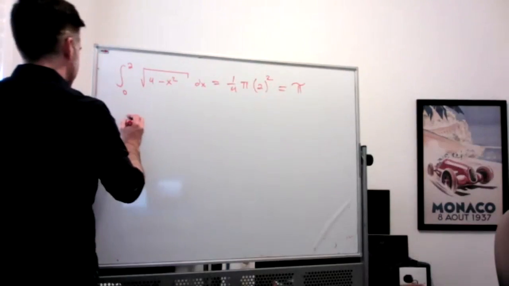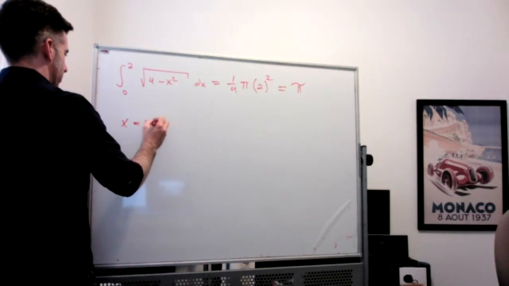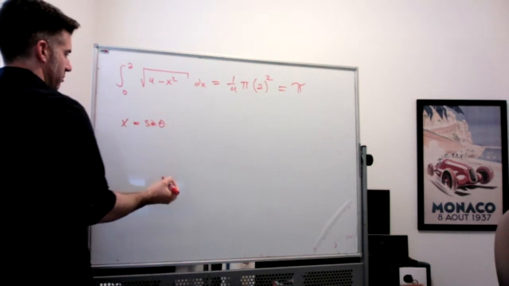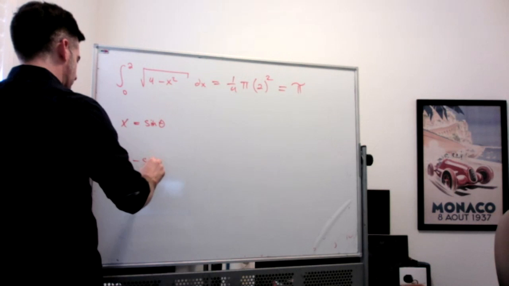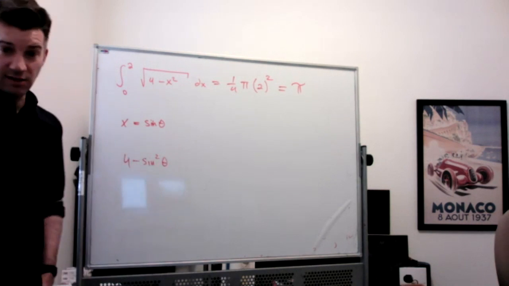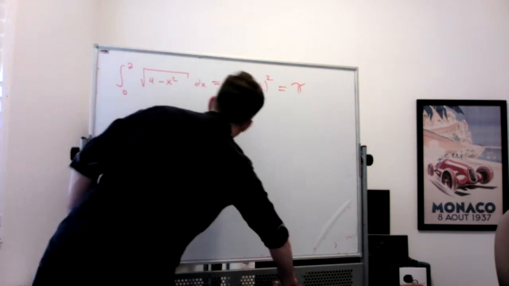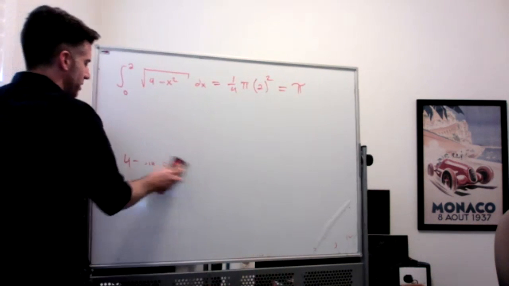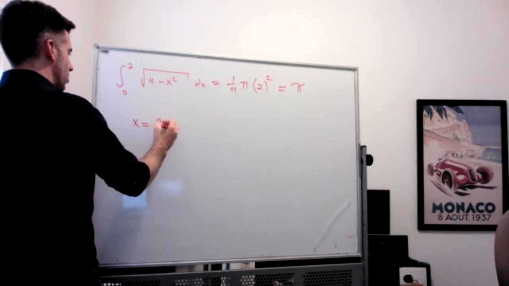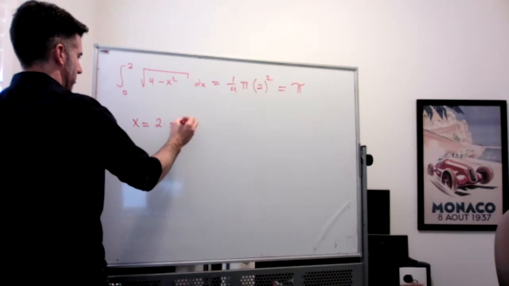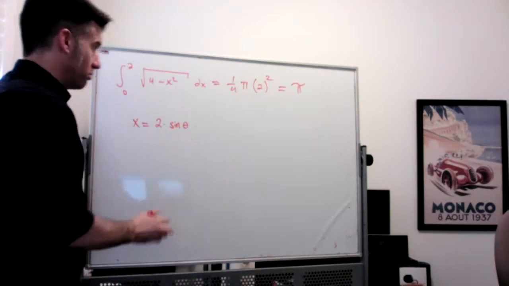Now, the problem here is that I can't pick x equal to sine of theta, because if I did, then I would have 4 minus sine squared theta, and that's not a trig identity. Instead, I have to make the choice to let x equal 2 times sine of theta. Watch.